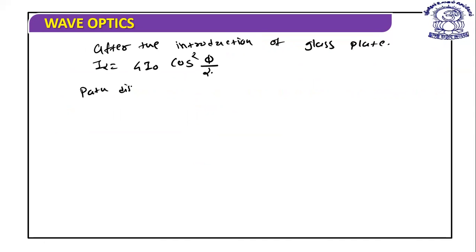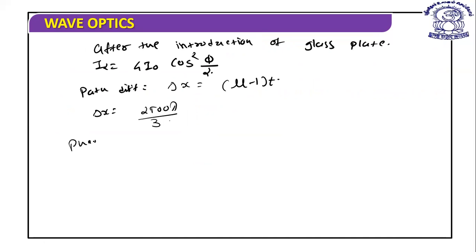The path difference due to glass slab will be delta x, that is equal to mu minus 1 into t. So delta x will be 2500 lambda divided by 3.